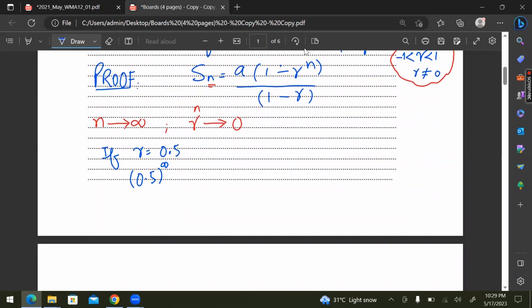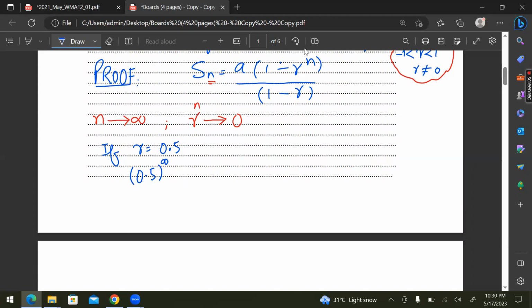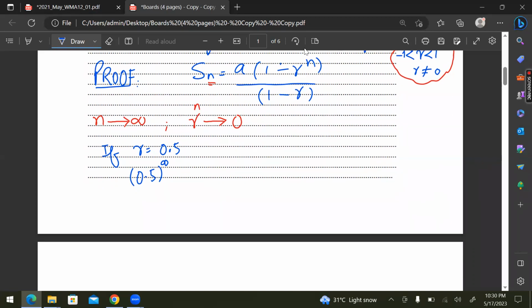If it is 0.5 raised to the power, for example, 1000, it is 0. Or 0.5 raised to the power 100, for example, is 0.0000. So the answer is very, very close to 0.